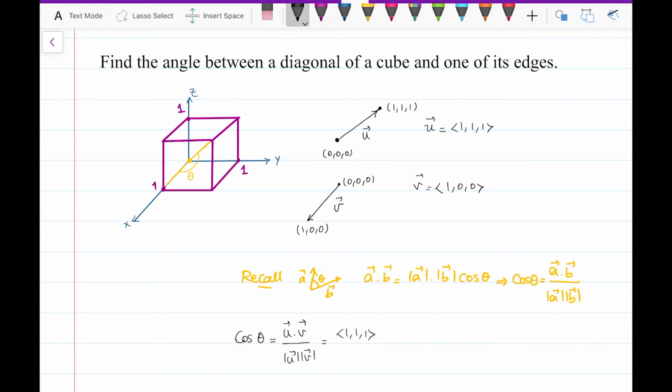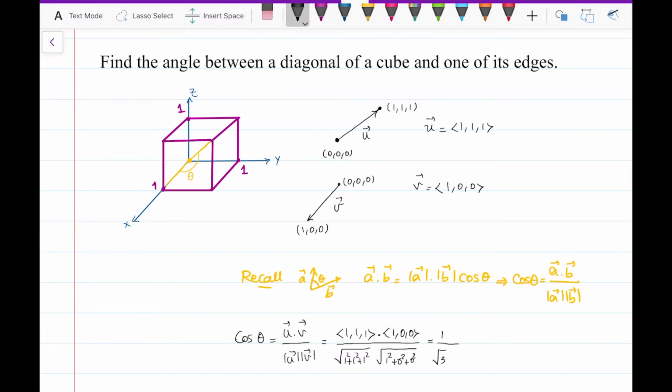So it would be 1, 1, 1 dot 1, 0, 0 over the length of 1, 1, 1, which would be the square root of 1 squared plus 1 squared plus 1 squared, times the length of 1, 0, 0, which would be the square root of 1 squared, 0 squared, 0 squared. So on the numerator, I just have 1.